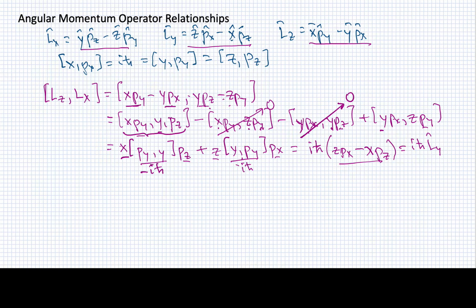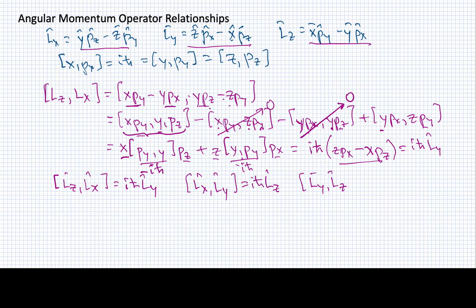So in other words, I have shown that the commutator of Lz and Lx is just equal to i h bar Ly. I could similarly show that the commutator of Lx and Ly would give me i h bar Lz, and I could also show that the commutator of Ly and Lz would give me i h bar Lx.